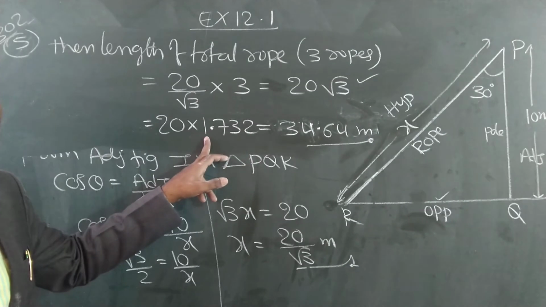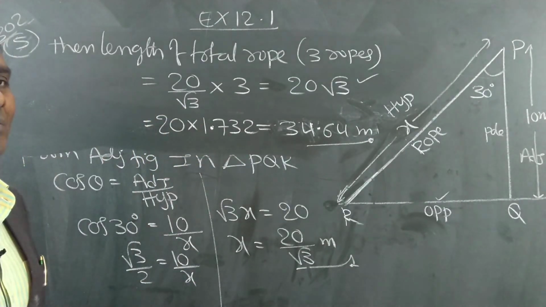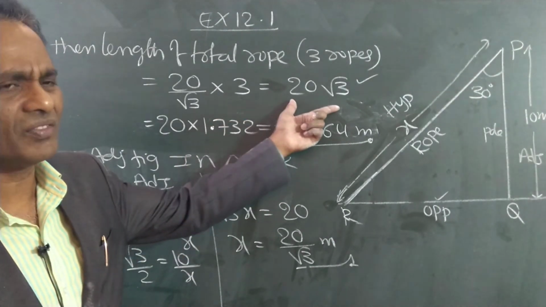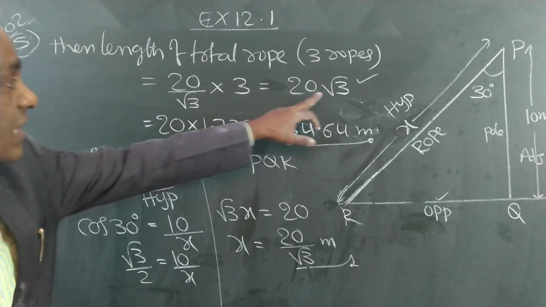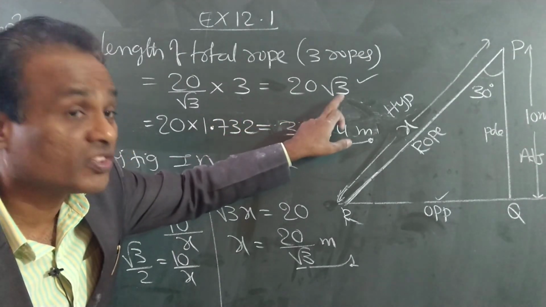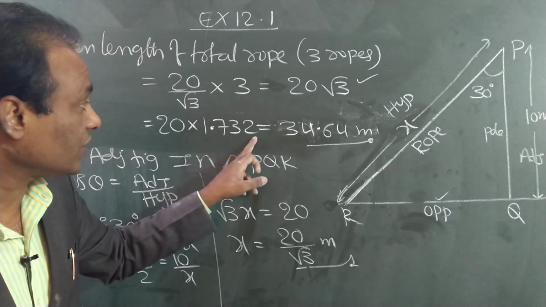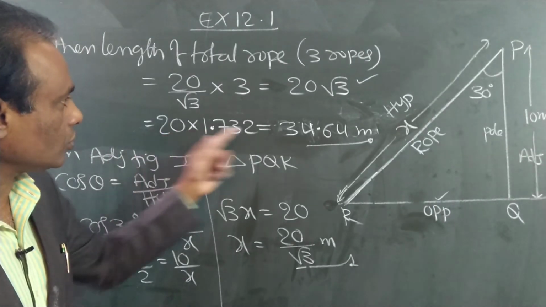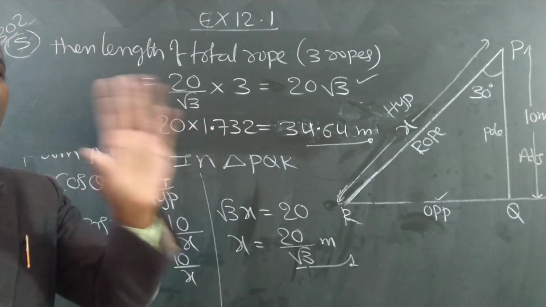You have to remember the root 3 value, but generally we write it as it is. But why did I get this answer? 20 into root 3 value 1.732. If you multiply these two, 34.64, that is the exact answer.